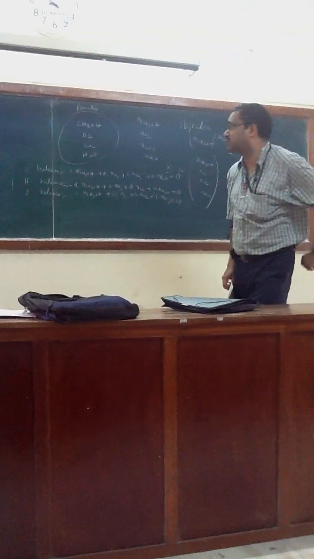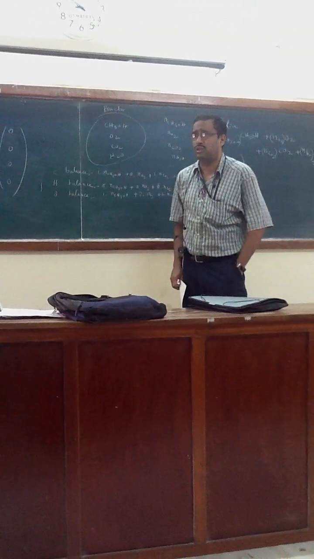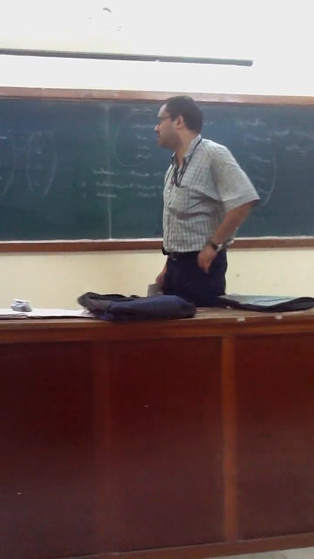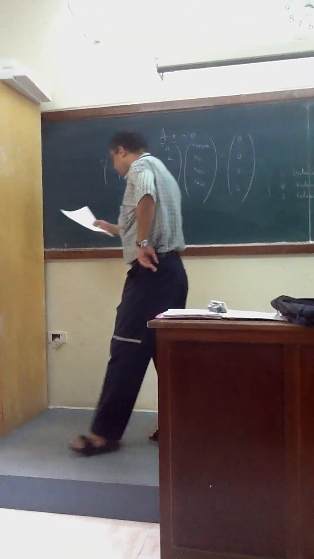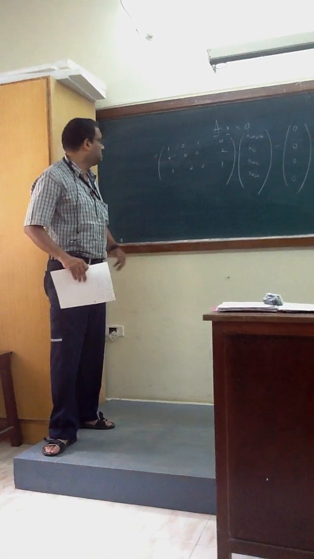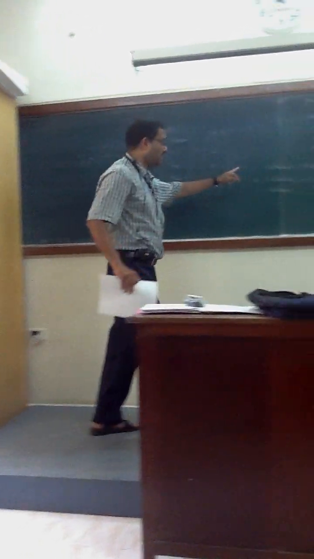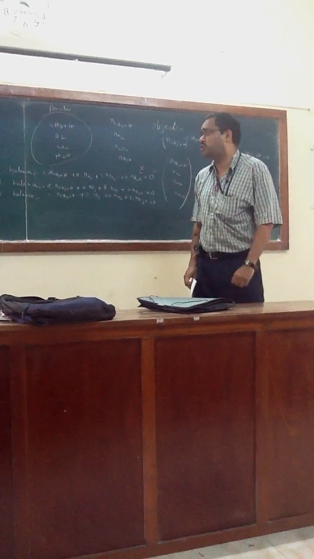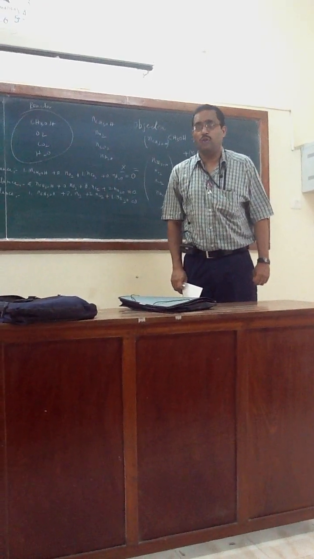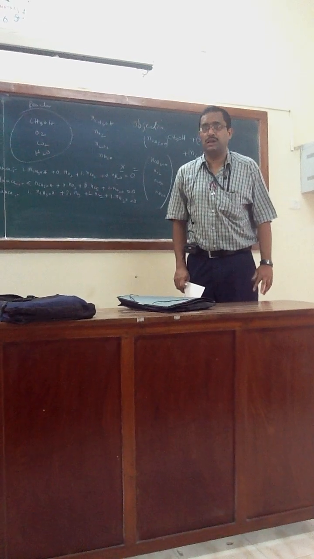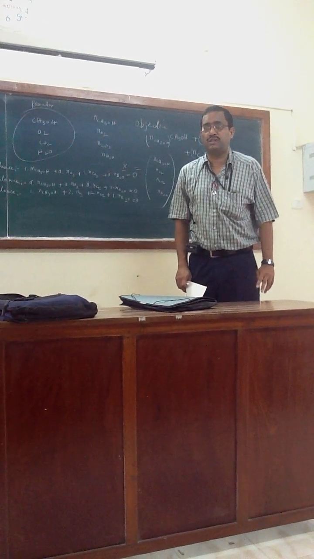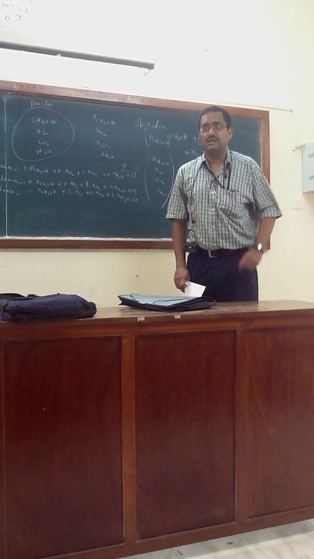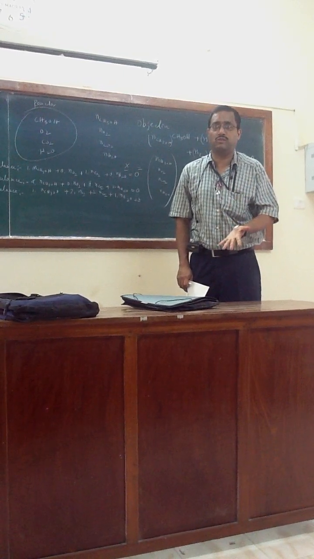So this solution will belong to the null space. Now we have to see how many of these balances are independent. Sometimes the atomic balances may not be independent. For example, if you talk about air, oxygen is 21% and nitrogen is 79%. So if I specify oxygen, nitrogen is automatically found.